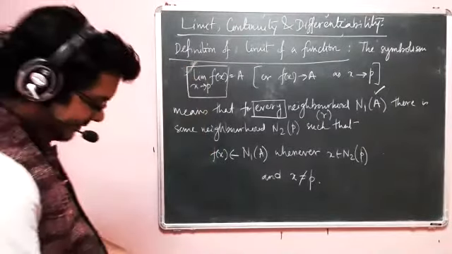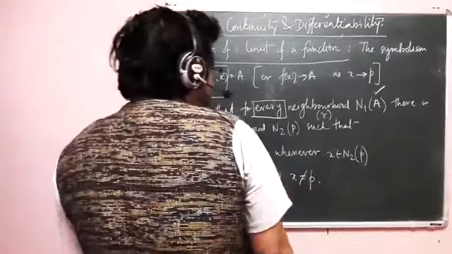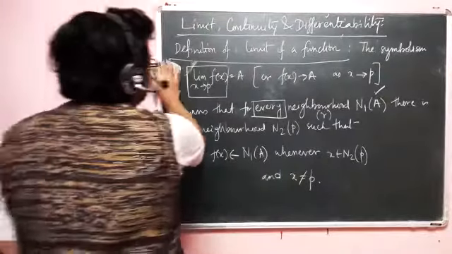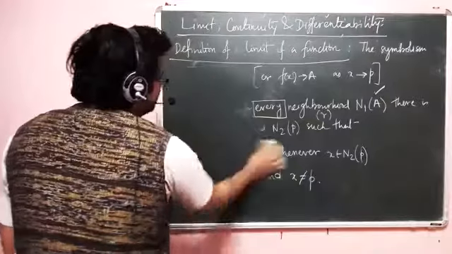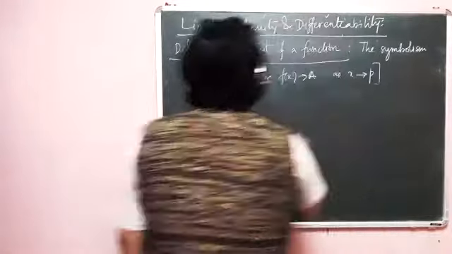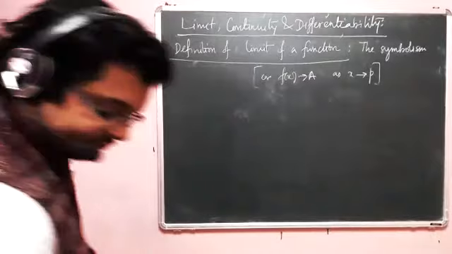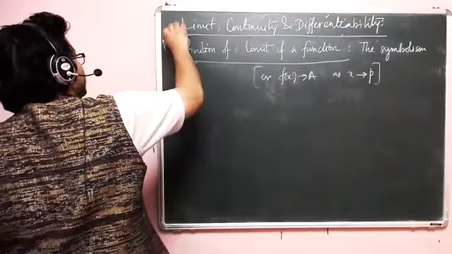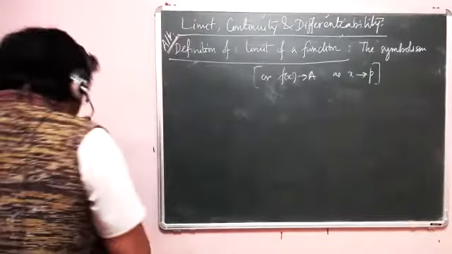Anyways, let's look at another way of defining it, where we have an alternative writing for every neighborhood. So here you can write an alternative definition of the limit of a function.